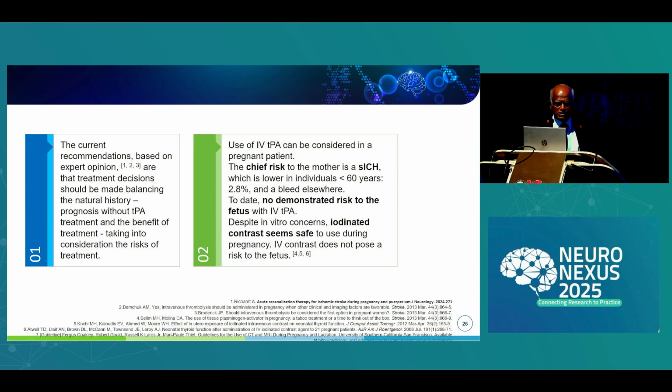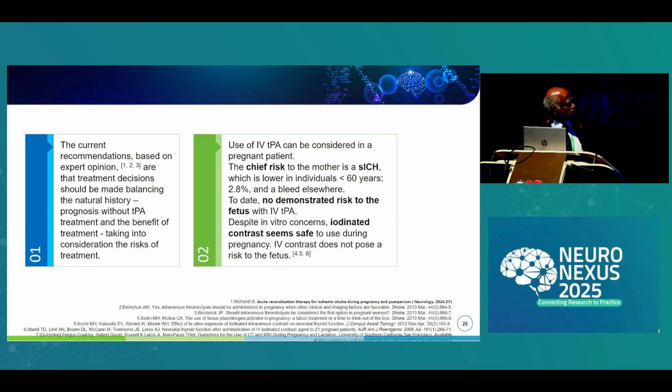The current recommendations, based on expert opinion, what we call CAT-C EO, are that treatment decisions should be made balancing the natural history, that is prognosis without TPA and with TPA. You look at the complications and the beneficial effect of giving the drug in a pregnant mother. And use of IV TPA can be considered in a pregnant patient.